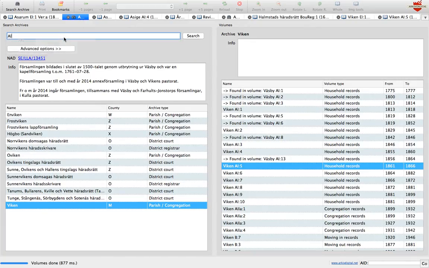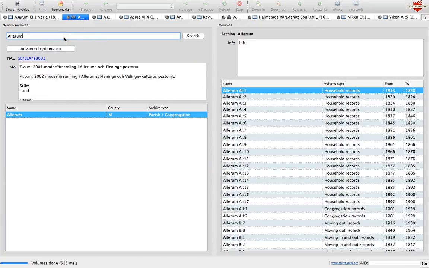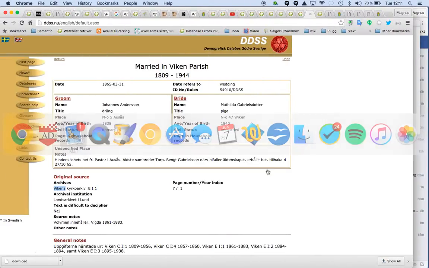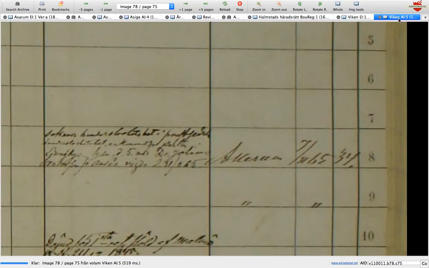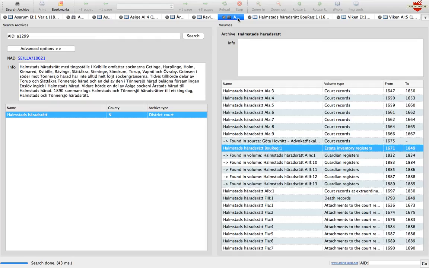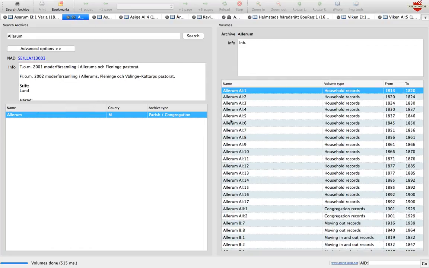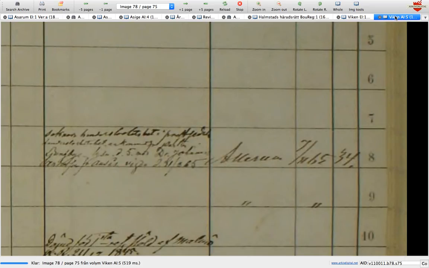Yeah. It's a lot of moving around, so I would prefer having a timeline, that's the cool thing. So then you can follow them. Now they are moving to Allerum, and that's another parish. And they are moving over there in 65, 711. So 34 is when she's moving out from Viken.